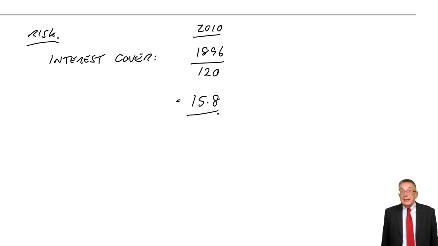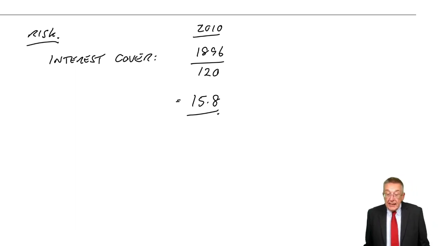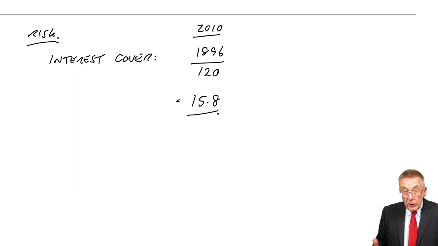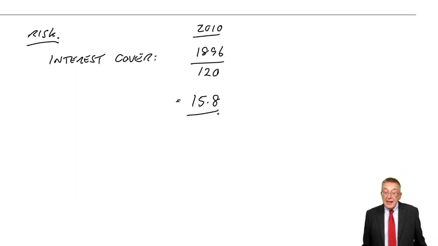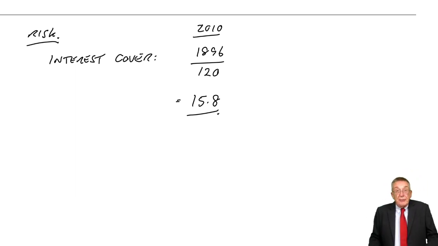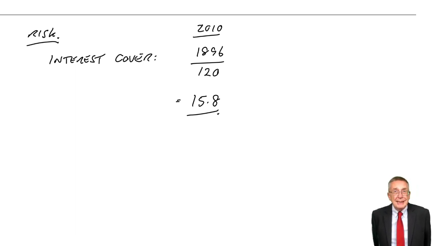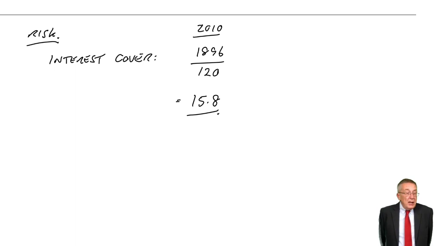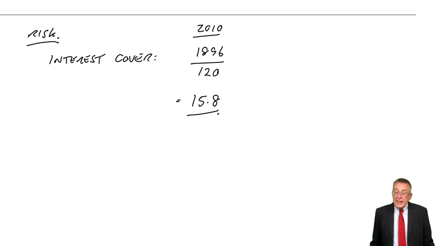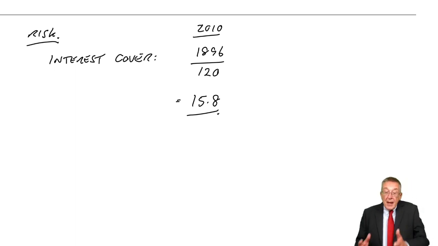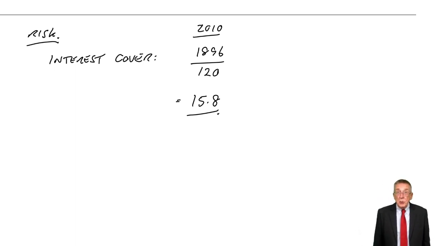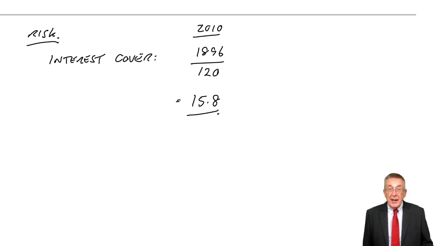And what does that mean? We'll look at last year in a second, but it means that our profits before tax and interest are 16 times the interest. We don't know what's going to happen next year. Profits may be lower, but profits can fall by a huge amount before we're not able to pay the interest.